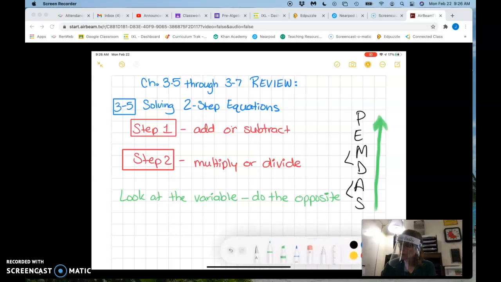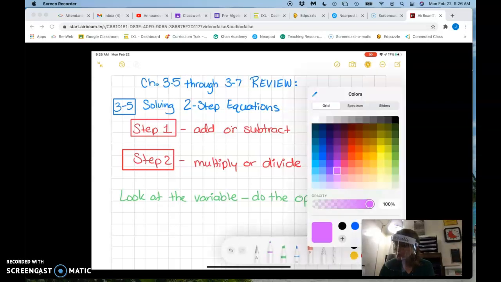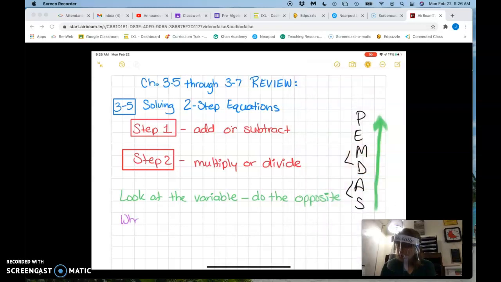And then the other thing I always say is whatever, come on guys. Good, whatever you do to one side, you have to do to the other. Good.